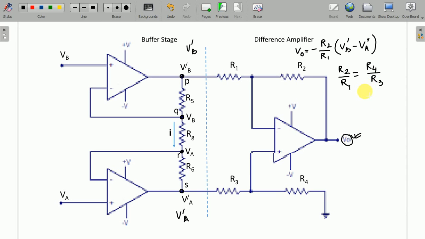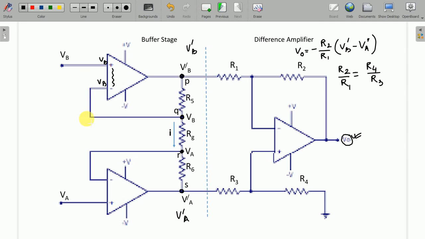Now, due to presence of feedback, we can use the concept of virtual ground. What does virtual ground mean? We know that due to very high input impedance, no current flows through this point. And since no current flows through this point, if this is at VB, this point will also be at VB.